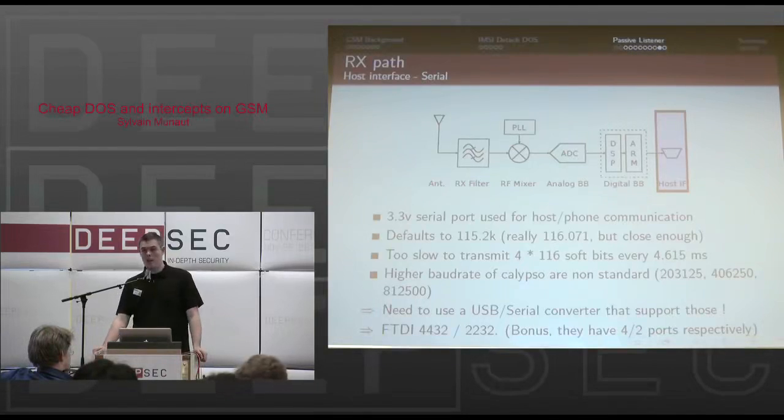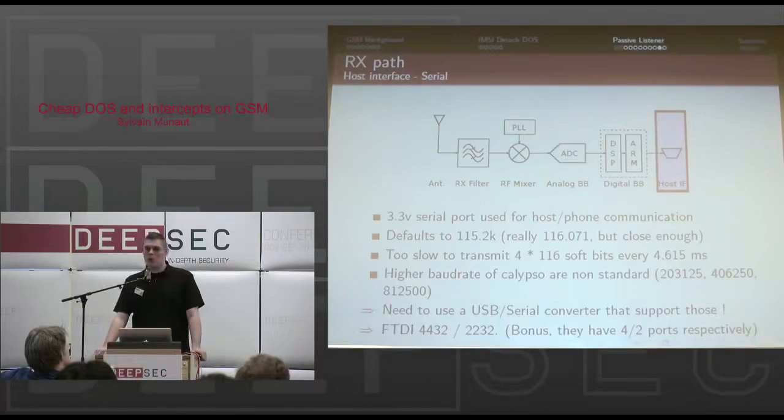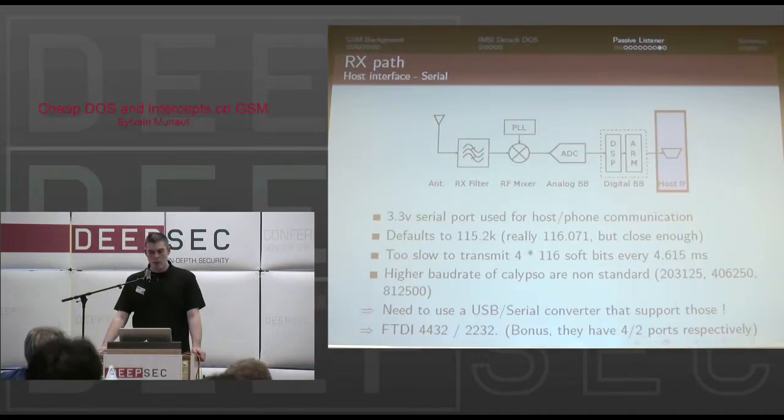Finally, we have to get the data out somehow. Osmocom BB uses a serial port, whose advantage is that it's very simple. However, 215 kilobaud is just not fast enough if you want to receive 2 bidirectional voice channels. You have to receive 4 bursts of 160 bits, and we transmit soft bits and not hard decisions. So it's a lot of bandwidth. Not much of a problem.